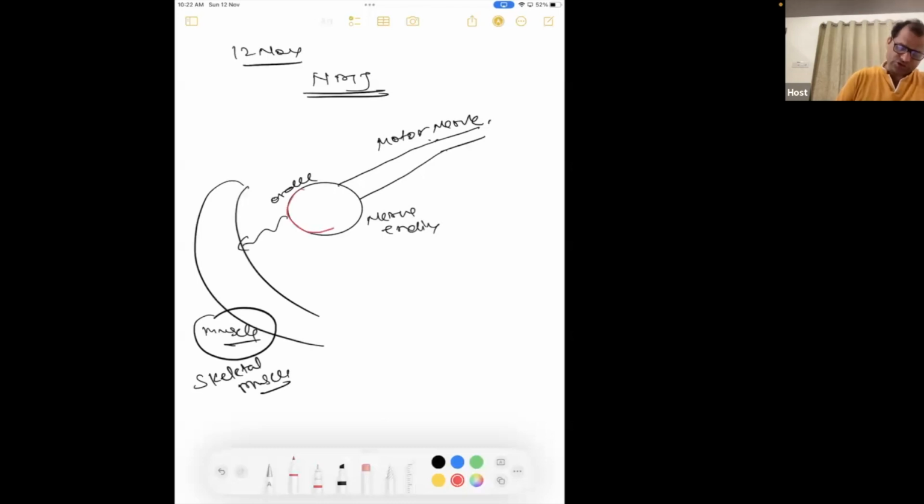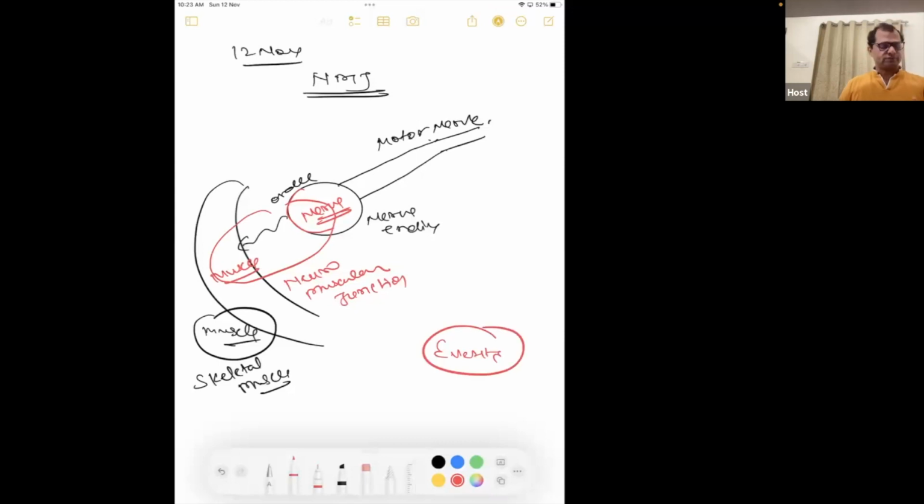The junction of this nerve and this muscle is called the neuromuscular junction. And there are lots of events happening in these junctions responsible for the various types of movement. We will be discussing these multiple events to understand this.